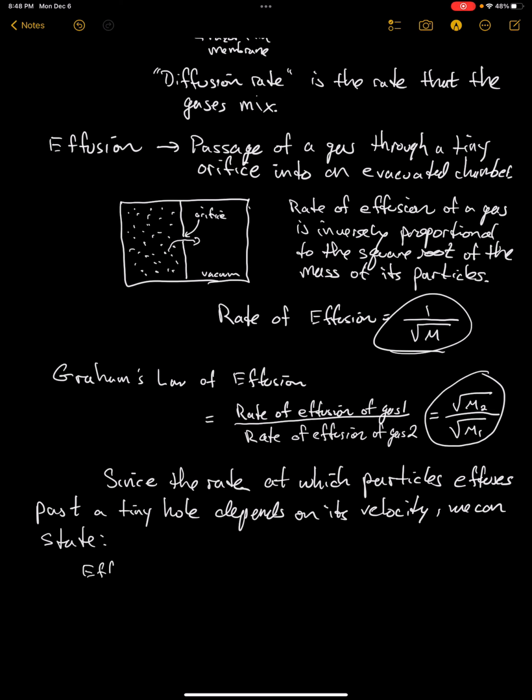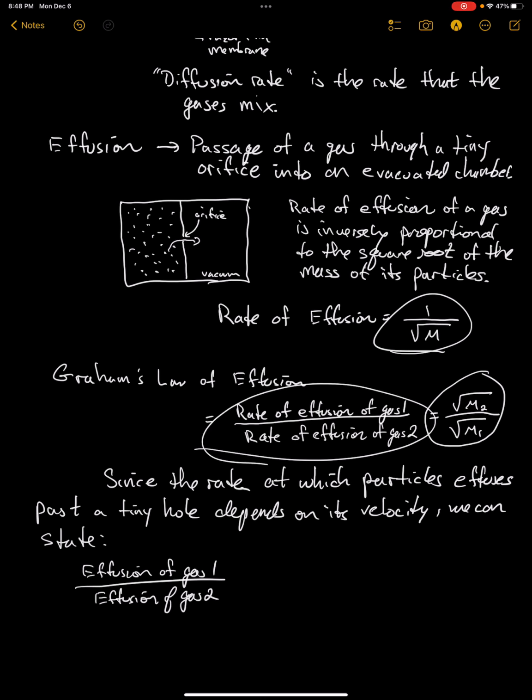The effusion of gas 1 divided by the effusion of gas 2, this is Graham's law of effusion that I wrote up here, is equal to, right, so this statement here is saying that the rate at which particles effuse past a tiny hole depends on its velocity. So we're going to say that the effusion of gas 1 is equal to the root mean square velocity of gas 1, and the effusion of gas 2 is equal to the root mean square velocity of gas 2.